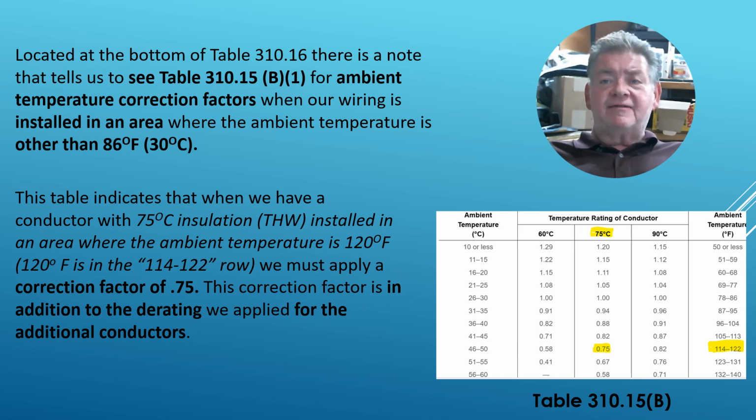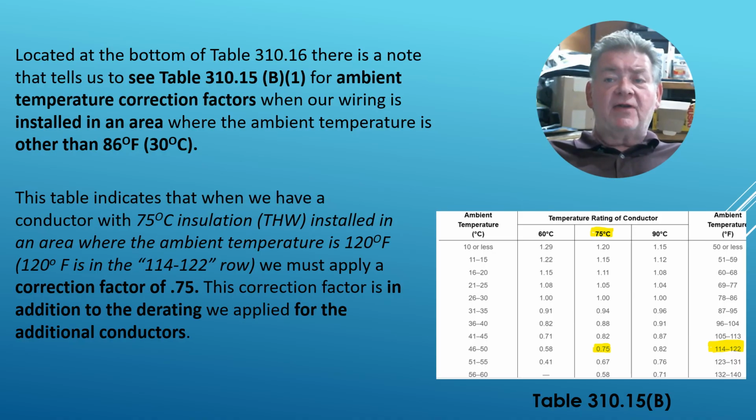When we look at table 310.15b, in this example, we're going to go to the 75 degrees C column because we're using a wire that has 75 degrees C rated insulation, THW. We go to the far right-hand column. We find 120 degrees Fahrenheit in the 114 through 122 row.